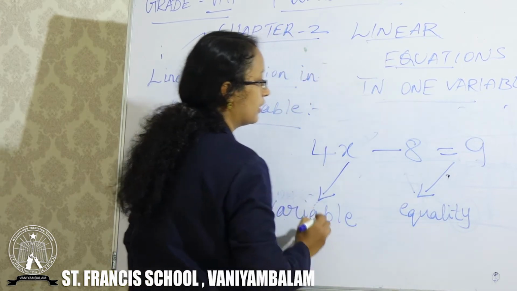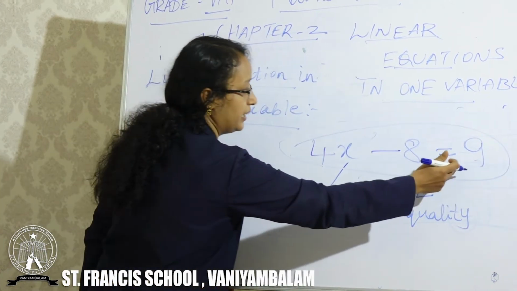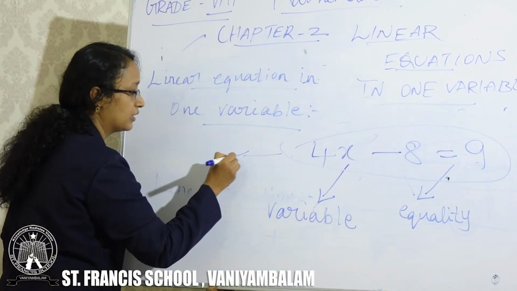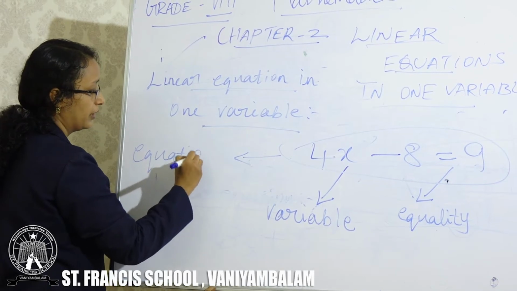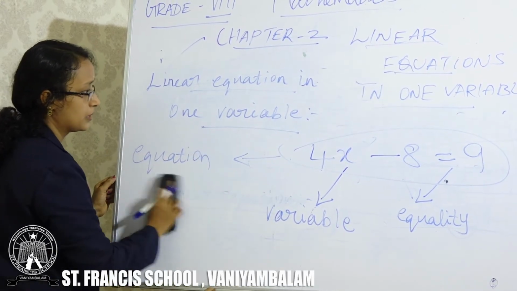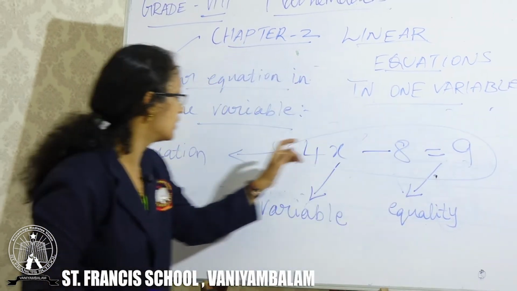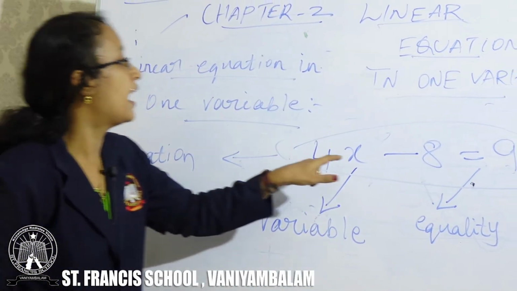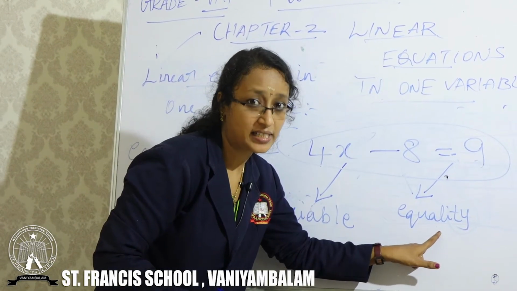And 4x minus 8 is equal to 9, all together, is the equation.